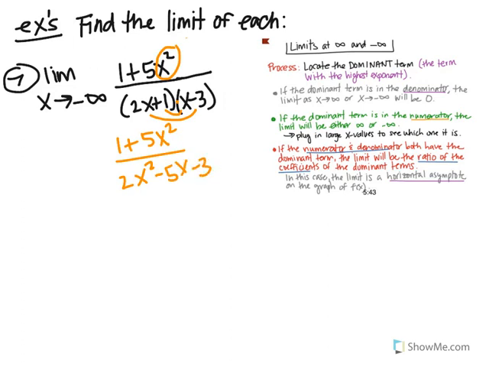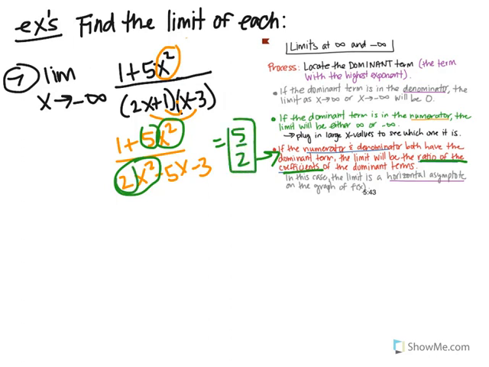When you look at the dominant terms, you have them equal, one in the numerator and one in the denominator. So what you would have to do then is do case 3 right here. If it's in the numerator and denominator, you're going to be taking the ratio of the coefficients. So the coefficients would be the 5 and the 2. So the limit would be 5 halves, or 2.5.